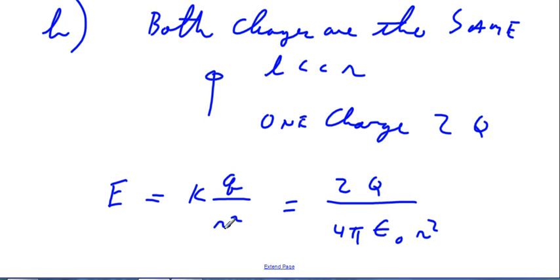And now I'm related to R squared instead of R cubed.